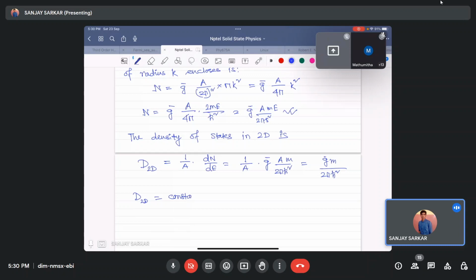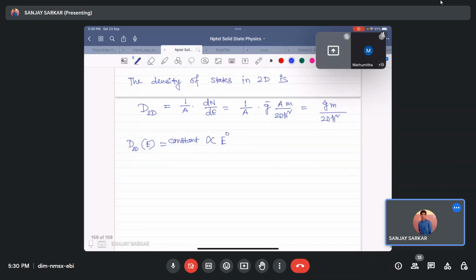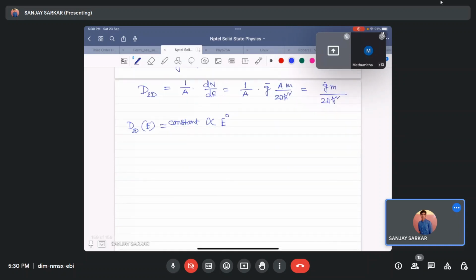It does not depend on energy; it is proportional to E to the power 0. For a parabolic dispersion in 2D, the density of states is constant. Is it clear up to this, how the density of states is constant for a 2D system?